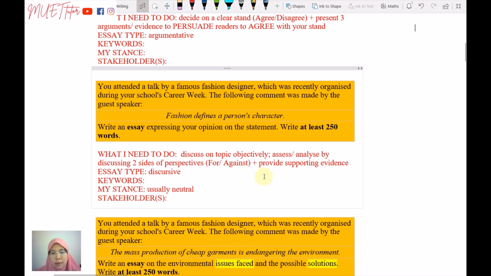You should also gather enough information on the topic and provide concrete facts or evidence to support your opinions. The writer's stance is less obvious compared to argumentative essays and usually neutral. Then there's no call for action but only suggesting ideas. And this type of essay is called discursive essays.